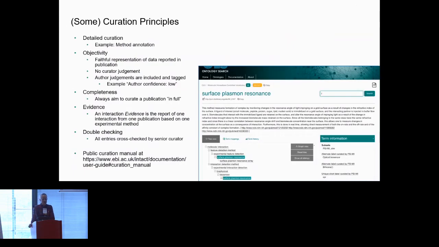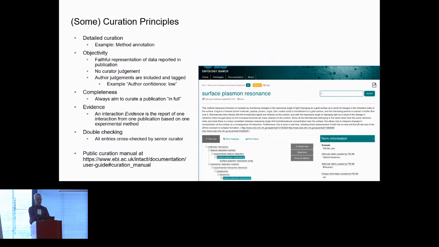Curation principles we've built on from the beginning are, as I mentioned, detailed curation. We have, for example, a very comprehensive ontology, a controlled vocabulary for experimental methods. Objectivity: we want to make sure we don't make judgment calls when we do the curation.